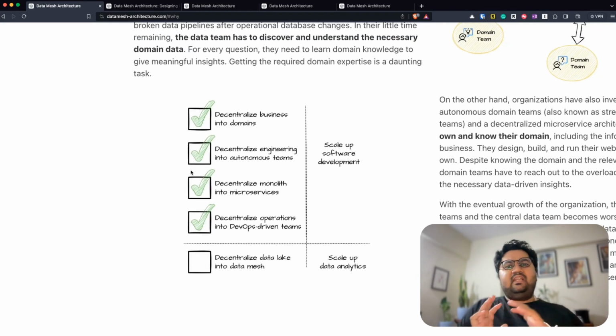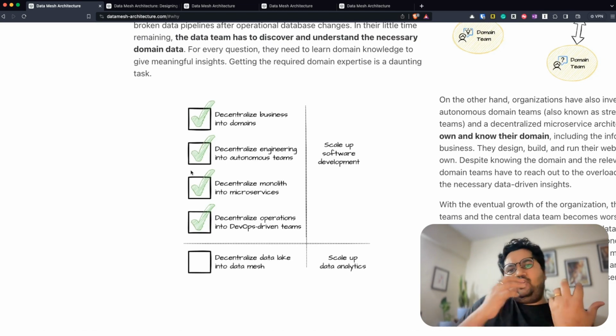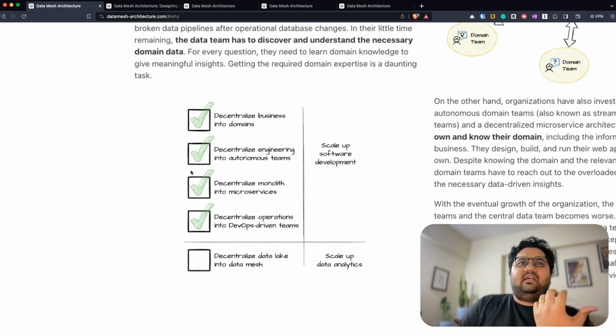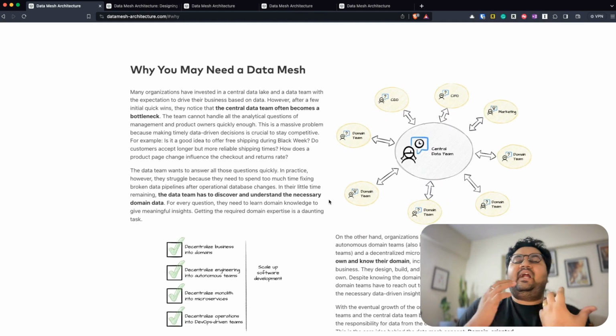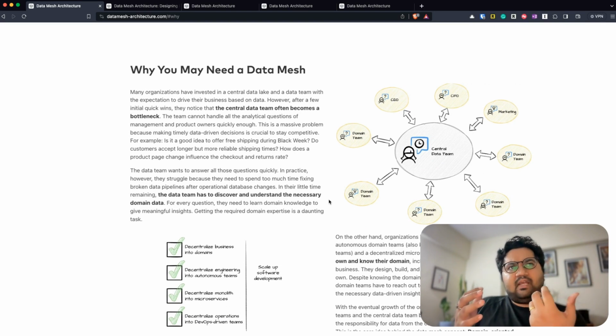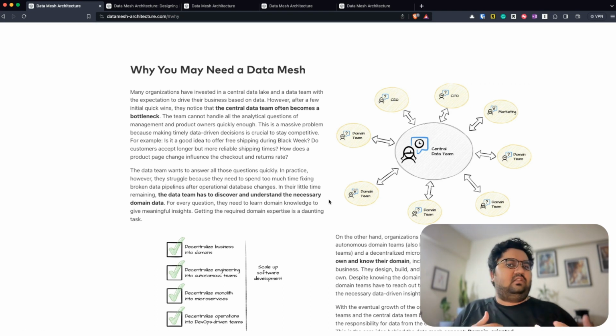Now, when we want to scale up data analytics, decentralizing data lake into mesh is what is being seen as a good natural evolution. And that's the why. As to why do you need a data mesh? There's a massive problem that starts when you get into a centralized management of data, and you're trying to answer domain specific questions in a certain time, and your central data teams are not able to.